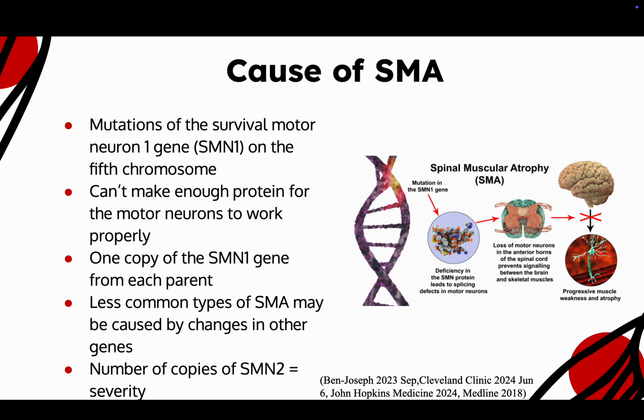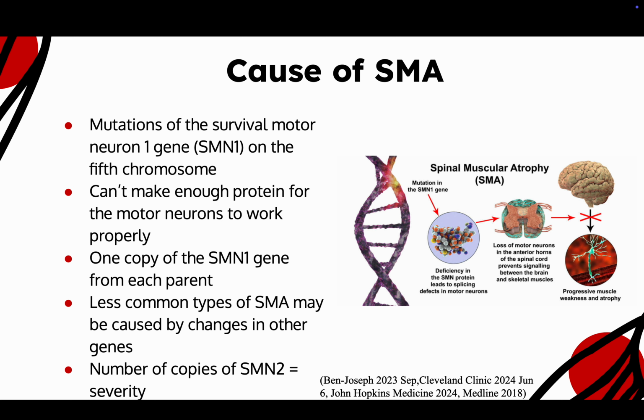The causes of SMA: it is caused by a mutation of the survival motor neuron 1 gene, SMN1, on the 5th chromosome. When this gene is mutated, it can't make enough protein for the motor neurons to work properly. The motor neurons break down and can't send signals to the muscles.